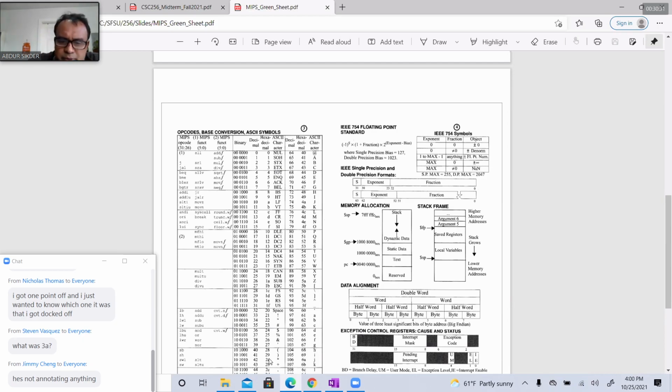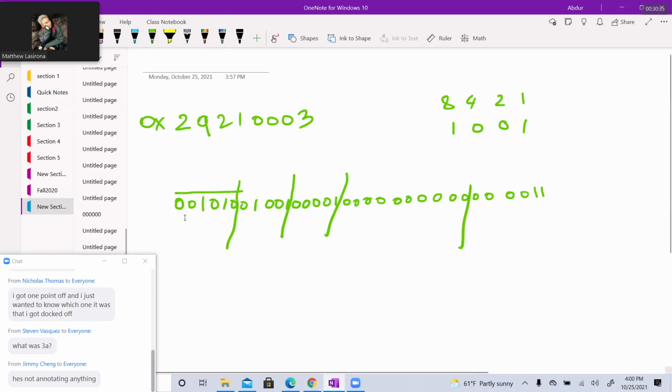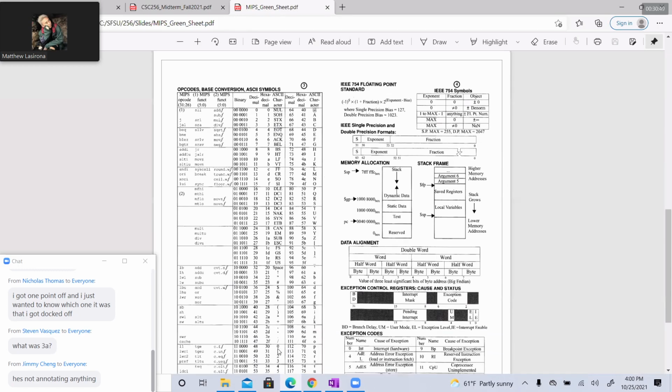Is that our number? No, I think it's SLTI. Yeah, actually 0 0 1 0 1. So yeah, it is, but we want to figure out where. This is SLT, in the third block from the top. Lower here, one more higher.